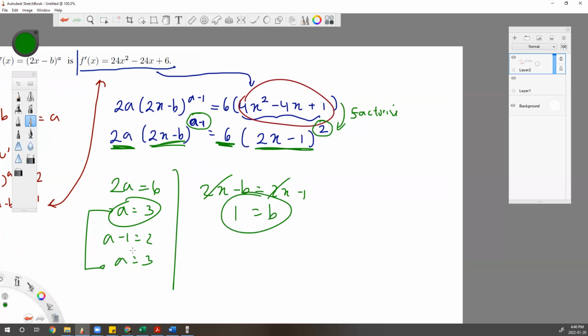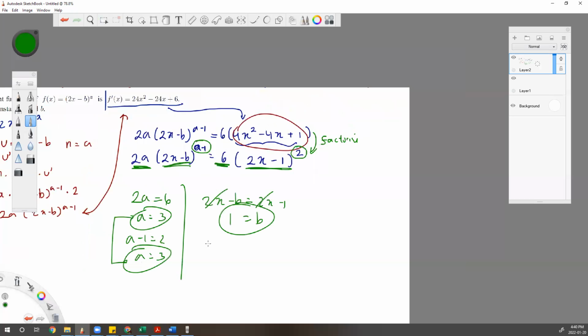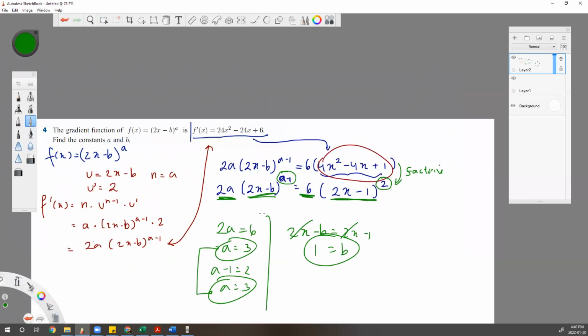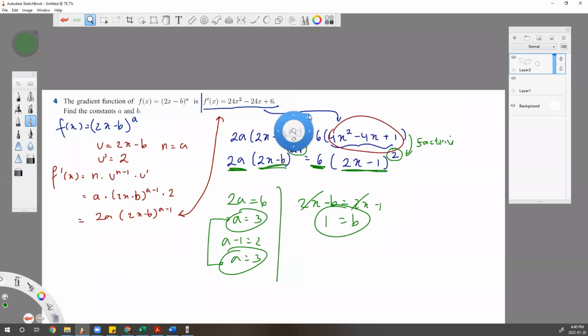Done. So a is 3, b is 1. That's the answer. Find the constants a and b: a equals 3, b equals 1.